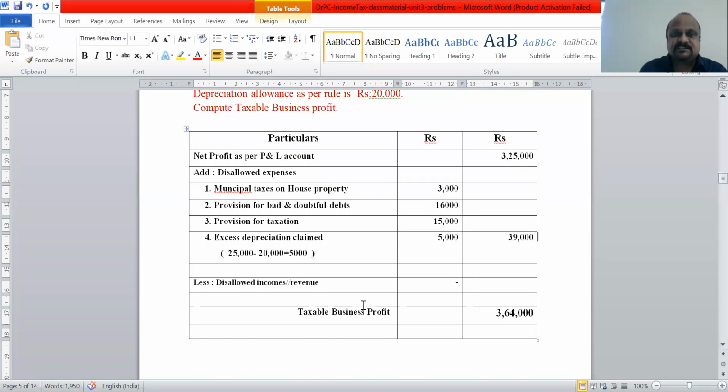So this is the format for calculation of taxable business profit. These kinds of problems are going to come for 7 marks and 10 marks. So we should remember certain things like which are the disallowed expenses and which are the disallowed incomes or revenues.